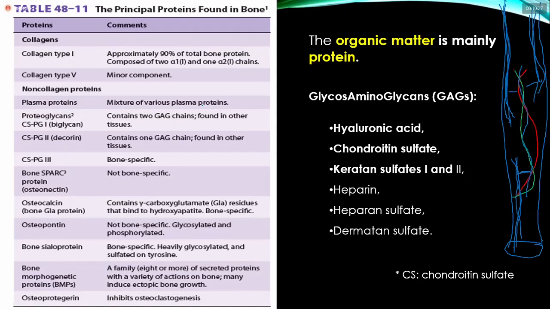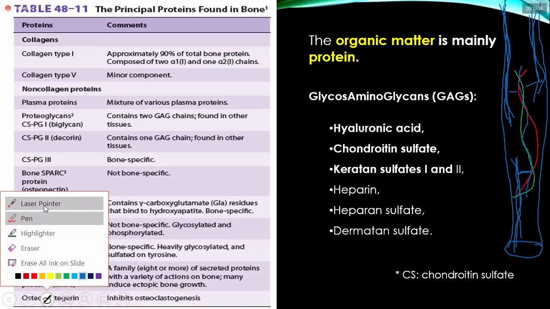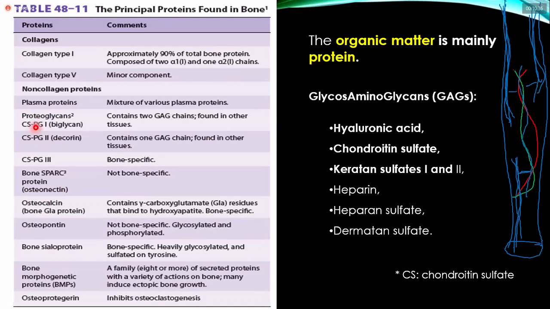Now the other important things that are very specific for the bone structure are these. We have what's called proteoglycans, and they are very different from what's known as glycoproteins. Proteoglycans means we have proteins that are conjugated with carbohydrates. But glycoproteins are also proteins conjugated with carbohydrates.